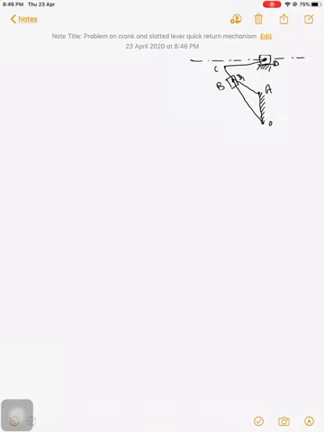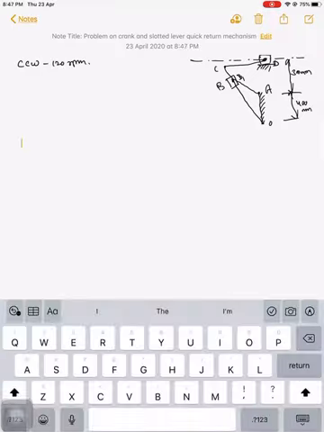So this is the problem given. Also there is some data given here. Crank rotates counterclockwise at 120 rpm.